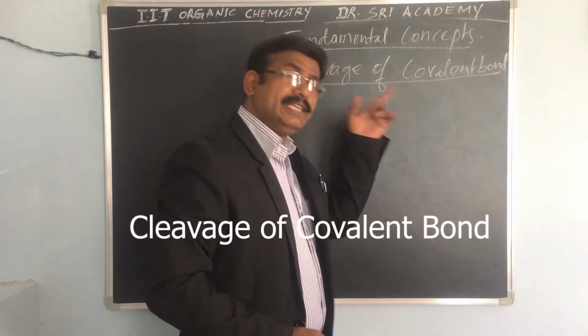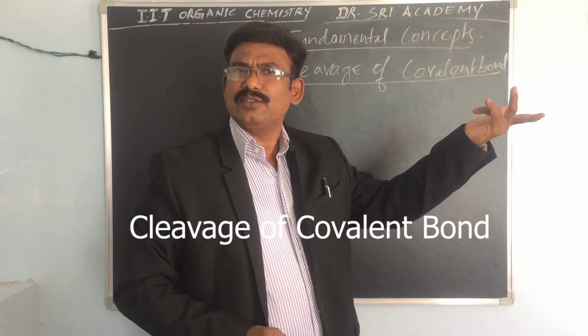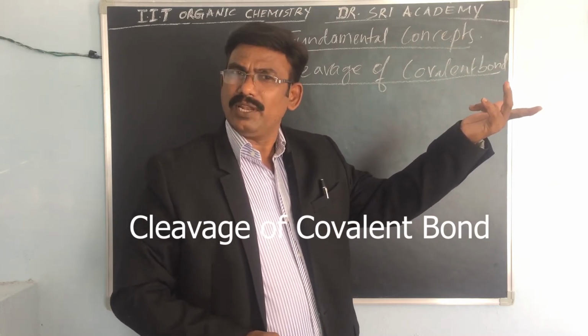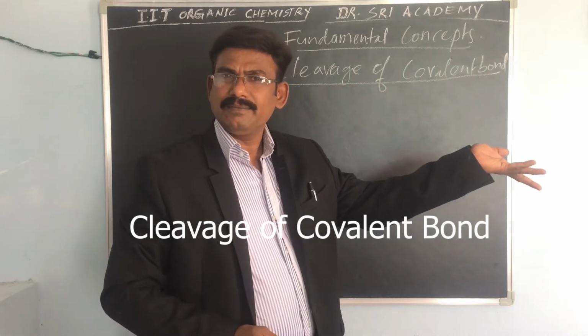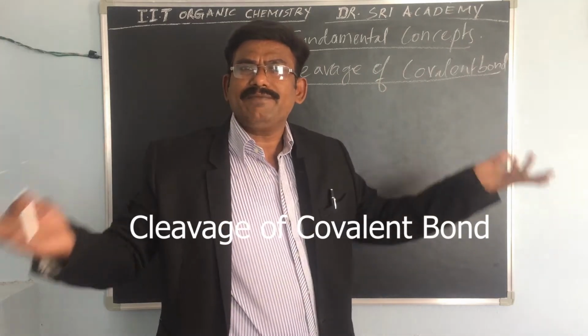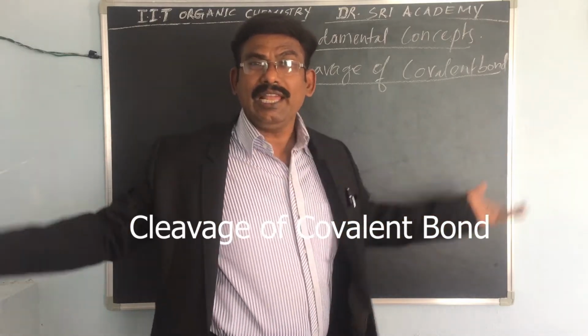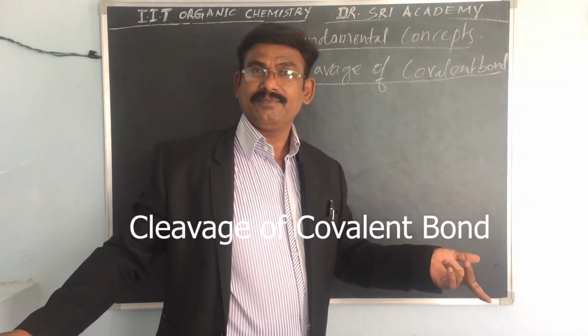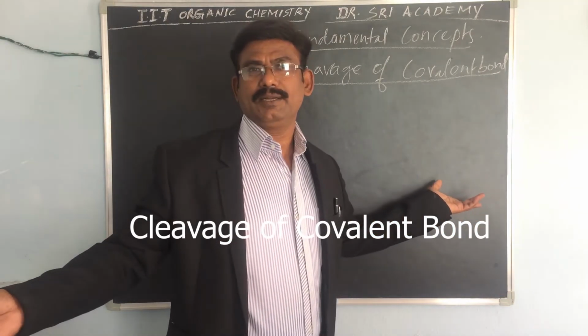We know that a covalent bond is a sharing of a pair of electrons. Just sharing of a pair of electrons is called a covalent bond. But how it cleaves is important. The researcher should know the cleavage of covalent bond.